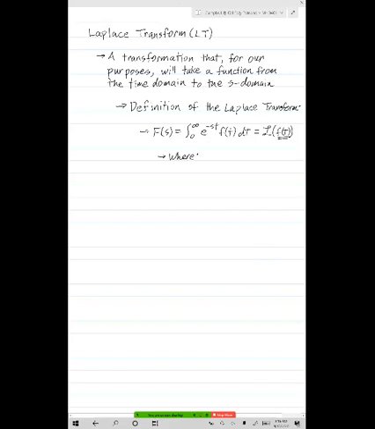Specifically, I'm going to focus on the functions here. So f of t is the time domain function.